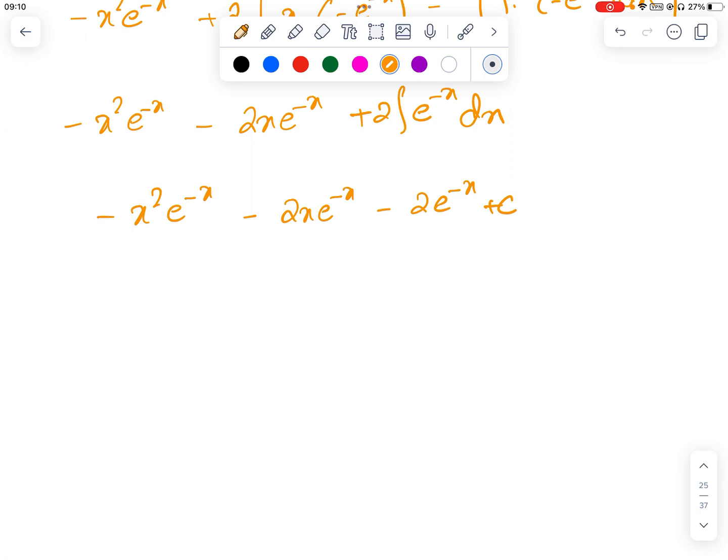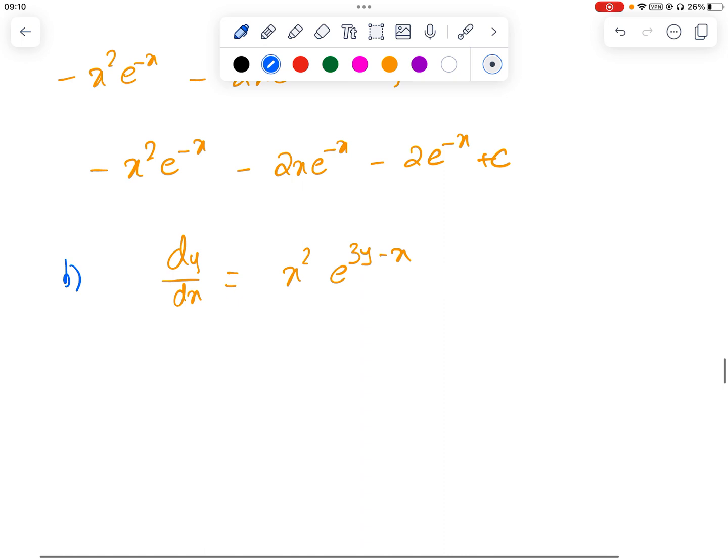Now we have to solve the differential equation. dy by dx equals x square e power 3y minus x. So it can be written as dy by dx equals x square e power 3y times e power minus x.